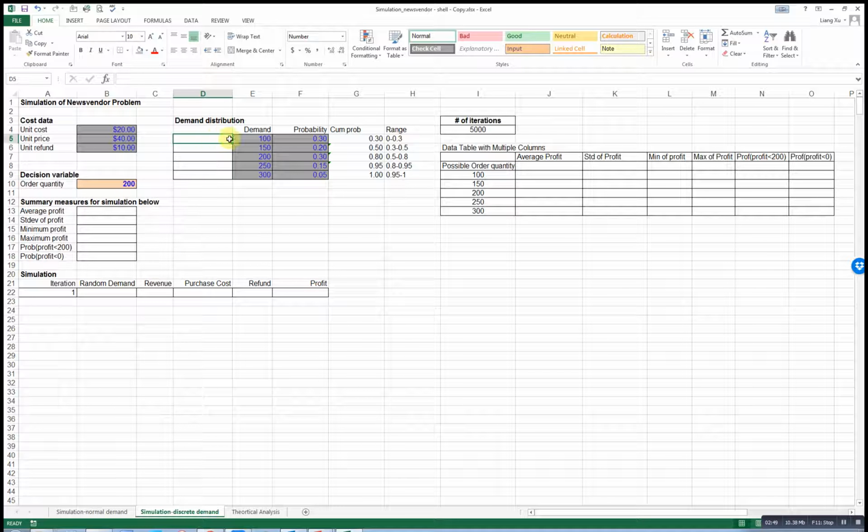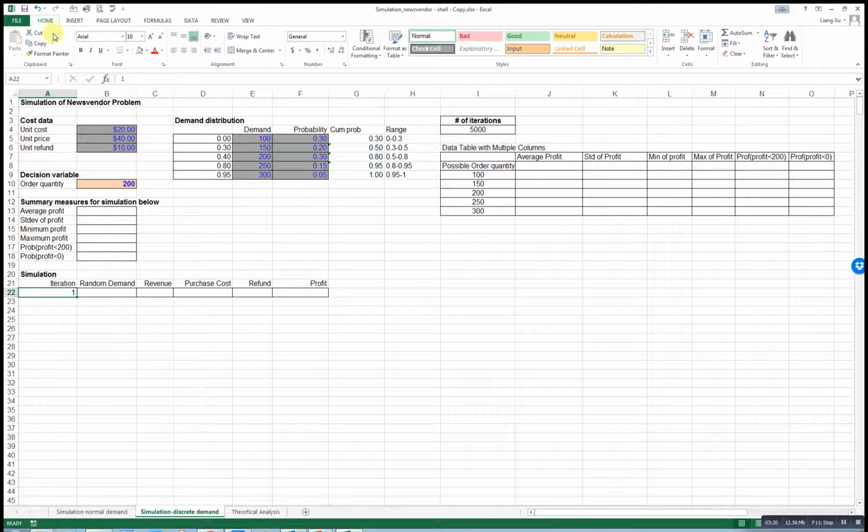In the first column, we're going to put the first number in the range, which is 0, 0.3, 0.5, 0.8, 0.95. As you see here, this number will represent this range, and we should choose the first number because that's how we construct a VLOOKUP table.